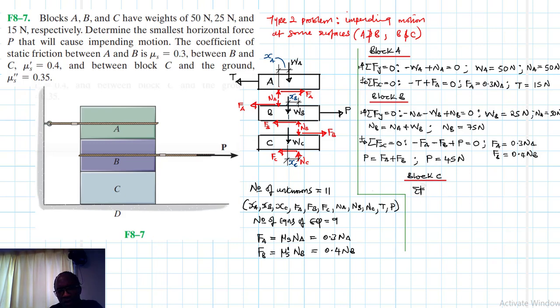Say summation of forces in the Y equal to 0, going up in our reference. What do we have? We have minus WC minus NB plus NC equal to 0.